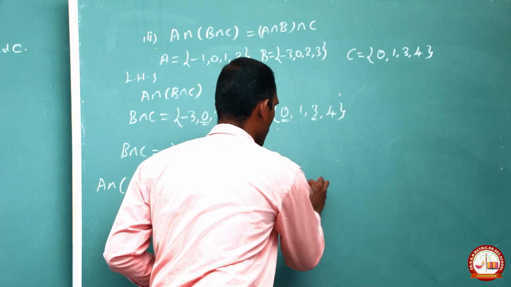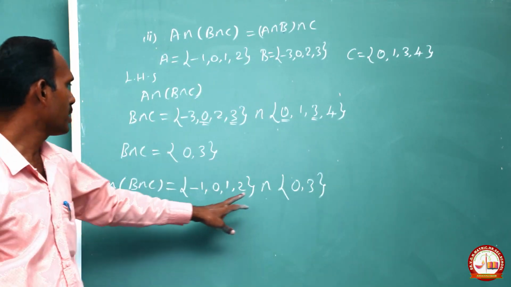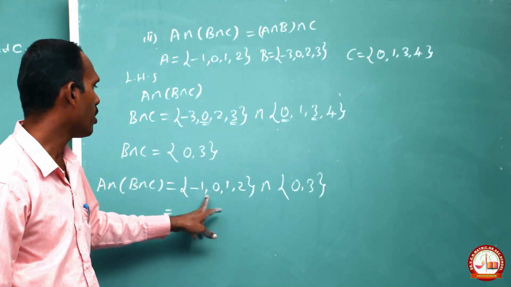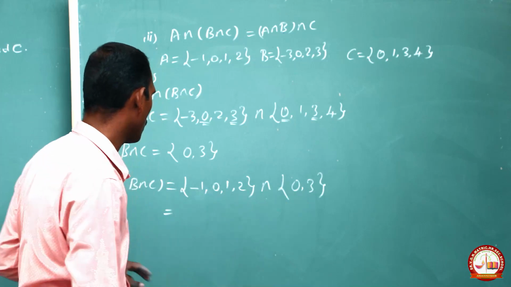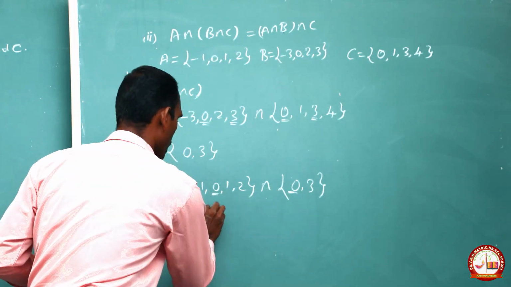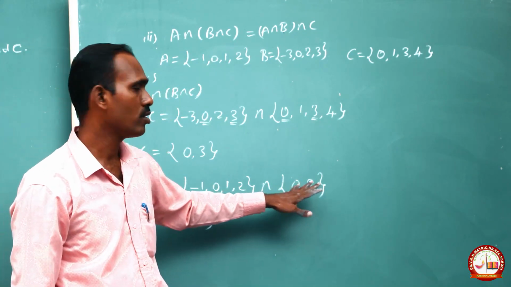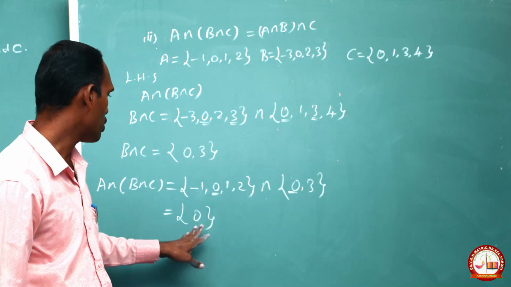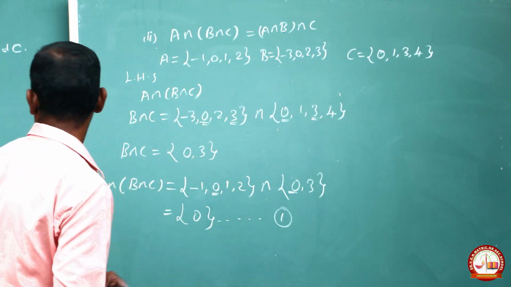So again intersection symbol. Intersection means we have to write only the common element. So what is the common element here? 0. Here you are having the 0, here you are having the 0. Only 0 is the common element. Remaining elements are not common. So we write only 0. This we take as the first equation.